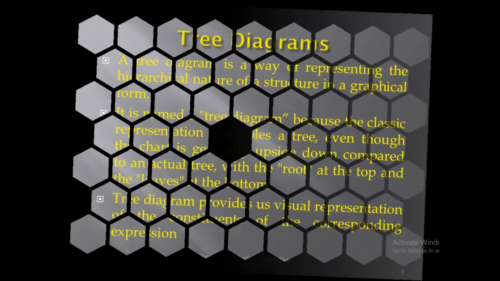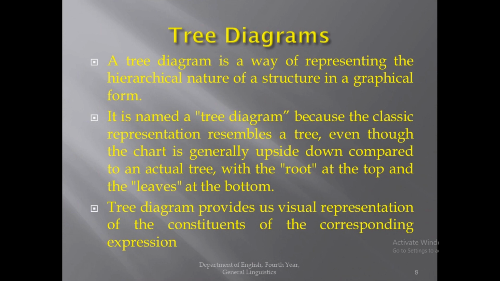Now, to analyze linguistic constructions according to generative grammar, we have two ways. One is called the tree diagram, and the second is called the phrase structure rules. Let's start with the tree diagram.